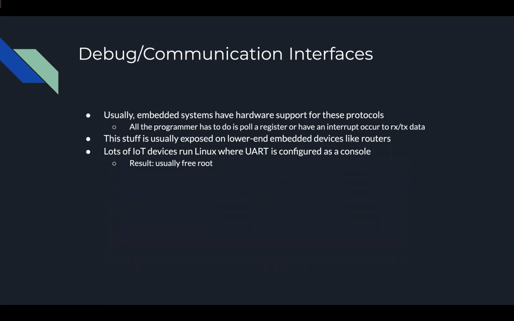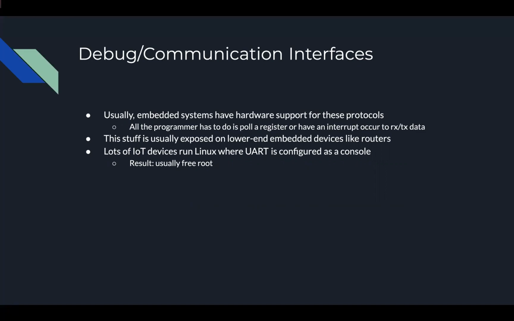The thing about these is, in software, it's harder to actually glitch the protocols themselves, because usually embedded systems have hardware support for these, which means that all the programmer needs to do is poll some sort of register or continually check a register, or tell the hardware to interrupt the software whenever it has data for it. That means if you get access to any one of these protocols, you might be able to do something to the device or hijack it.